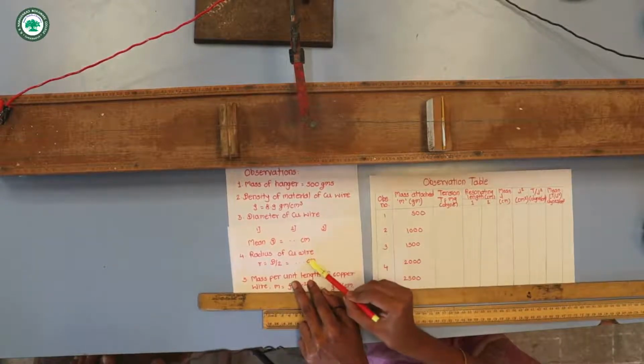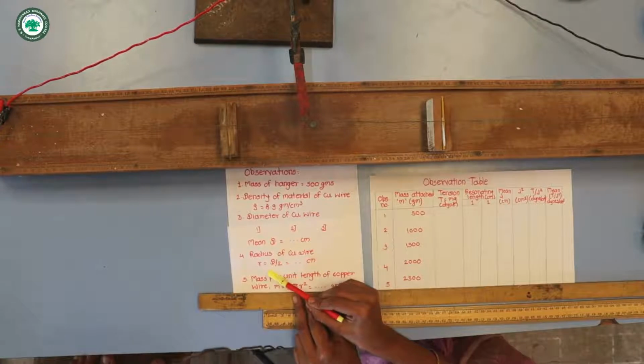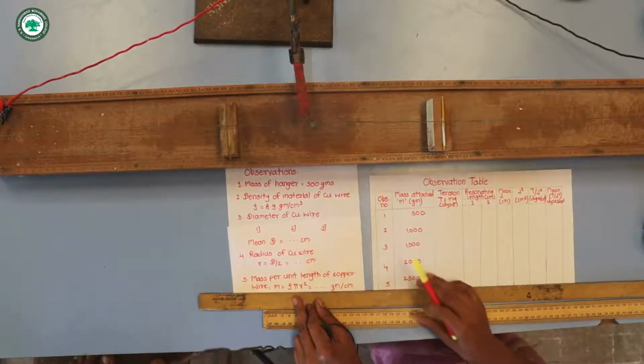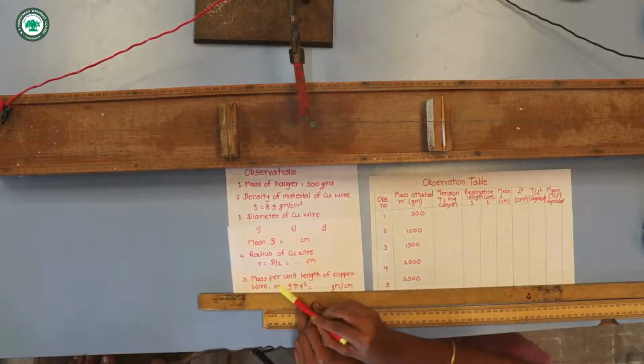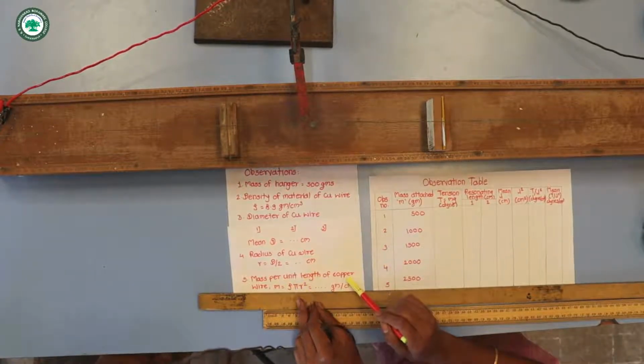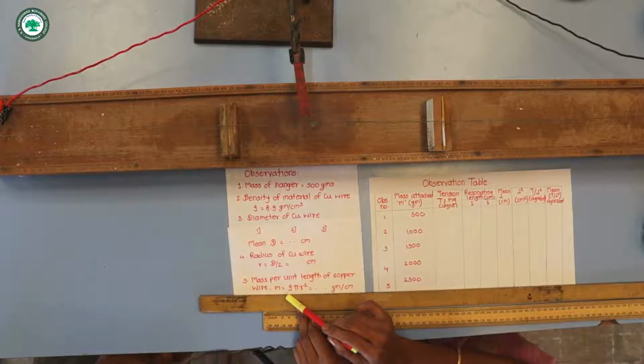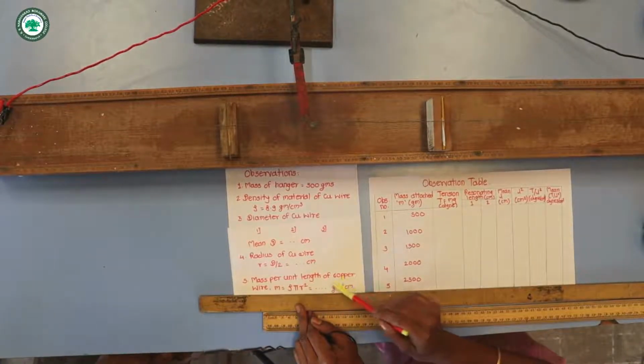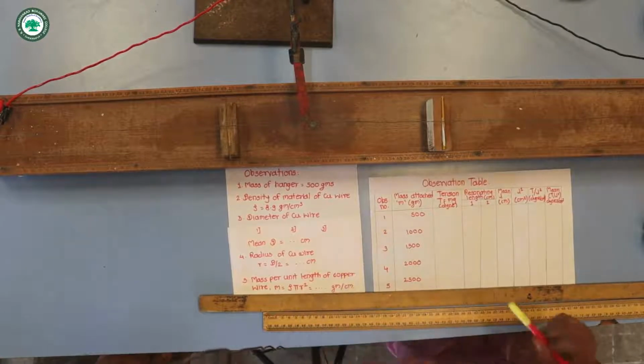Then the radius of copper wire R is equal to D by 2 is equal to ... centimeter, and fifth one is the mass per unit length of copper wire which will be calculated. M is equal to rho into pi r square and the unit of this is gram per centimeter.